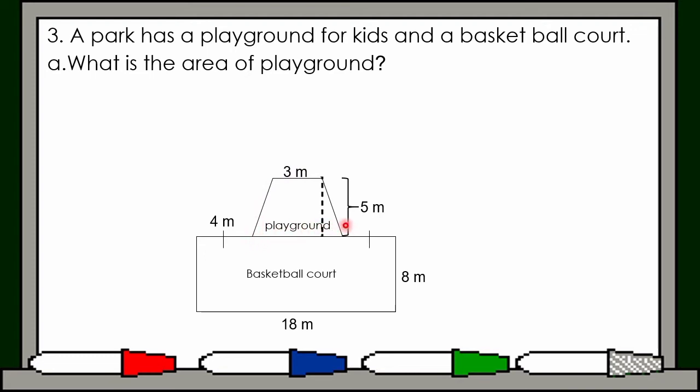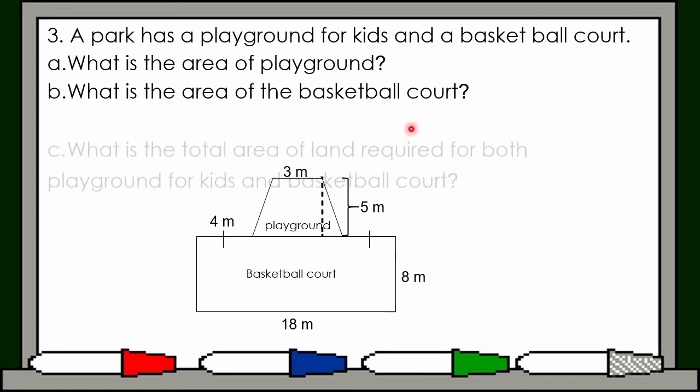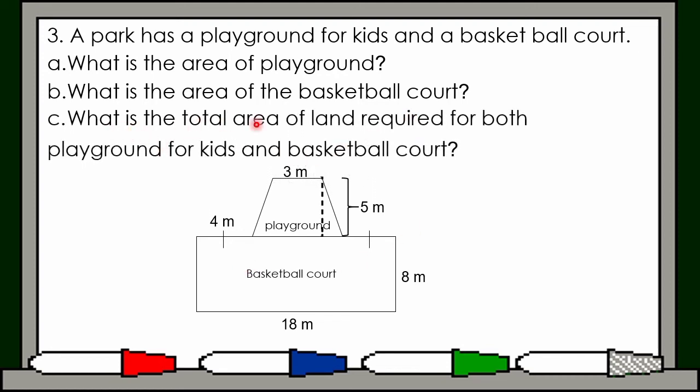Very good. It is a trapezoid. Next question, what is the area of the basketball court? This is the basketball court and the shape is correct. It is a rectangle. And the last question, what is the total area of land required for both playground for kids and basketball court?